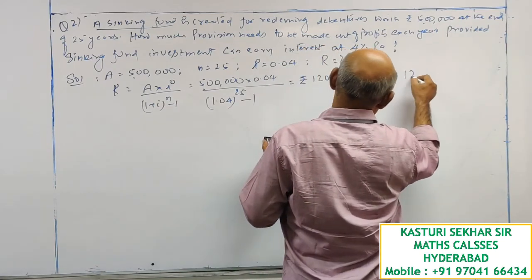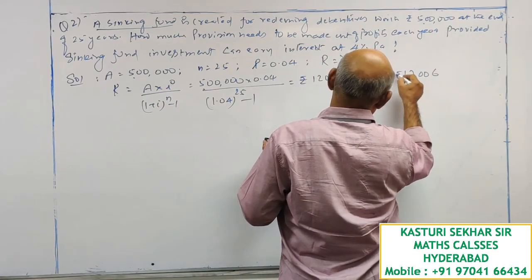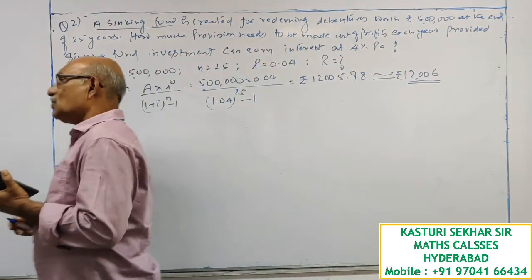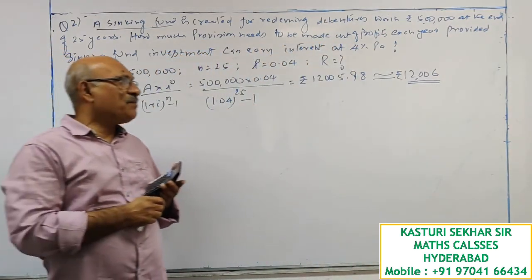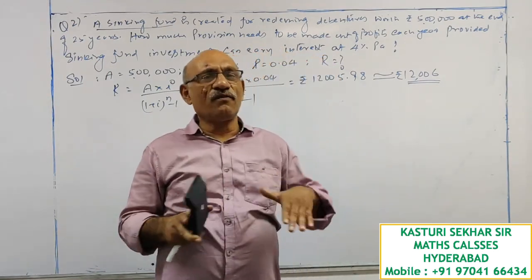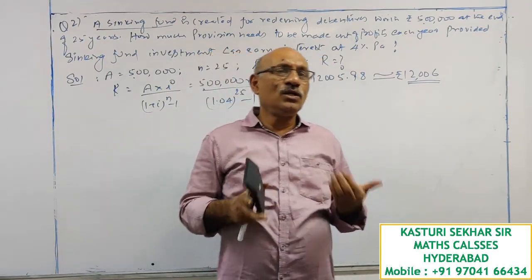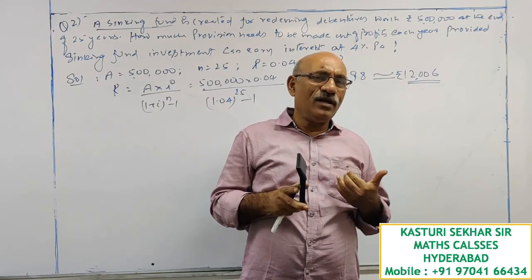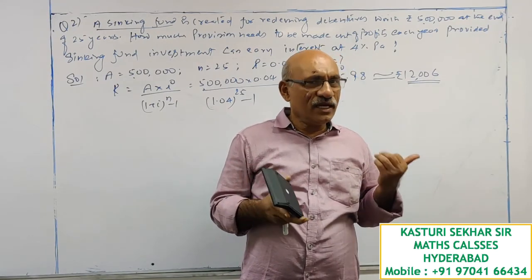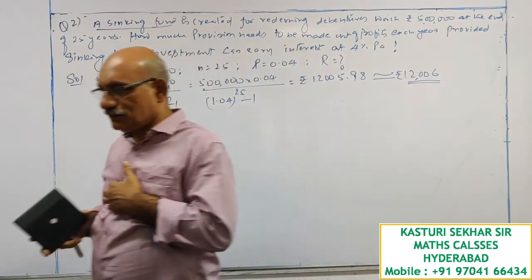This is approximated to 12,006. Rupees 12,006. So every year the company has to transfer 12,006 rupees from the profits to sinking fund account so that it can accumulate 5 lakhs at the end of 25th year. Okay, that is the concept it is.